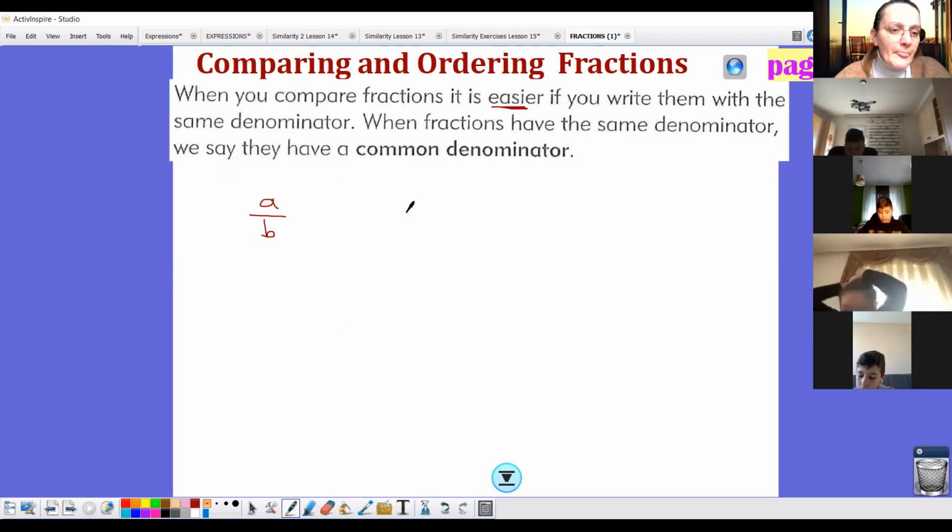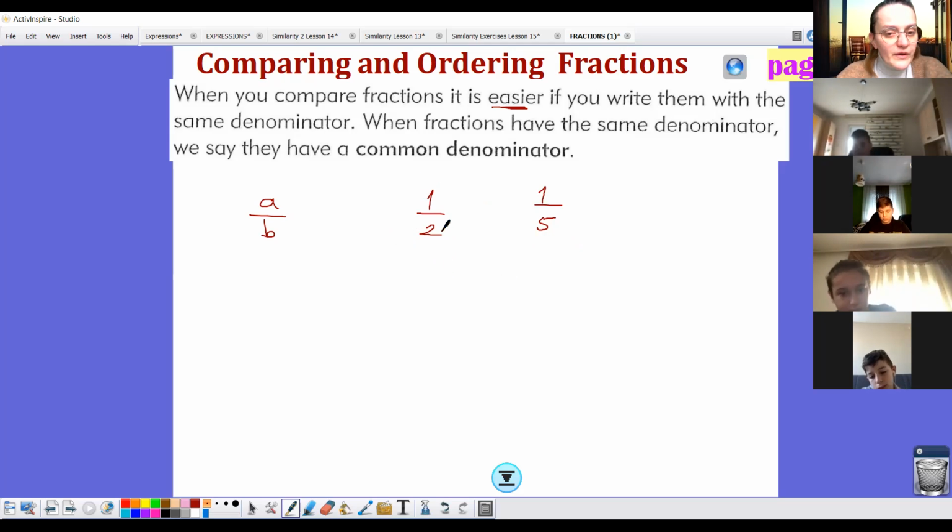For example, I have 1 over 2 and 1 over 5, and I want to check which one is bigger. Directly, it is very hard to see which one is bigger. So I try to make their denominators the same.